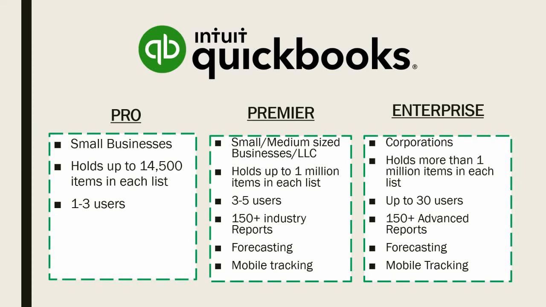Therefore it can hold more than 1 million items per list. So once again, we're talking about corporate status, looking at a business on a grander scale, which has billions of transactions that happen per day.